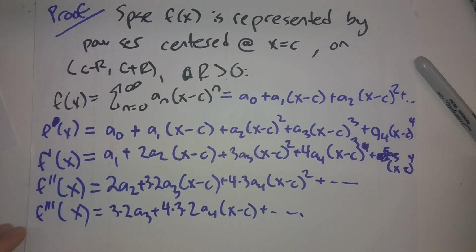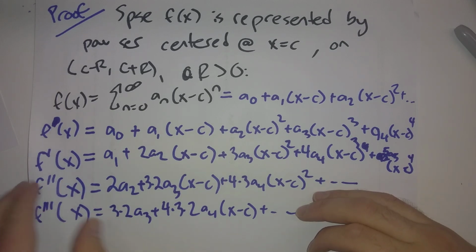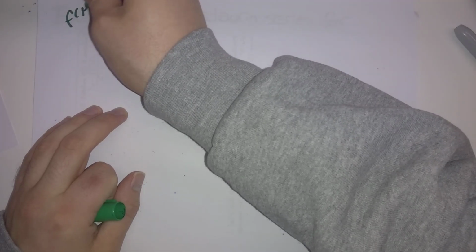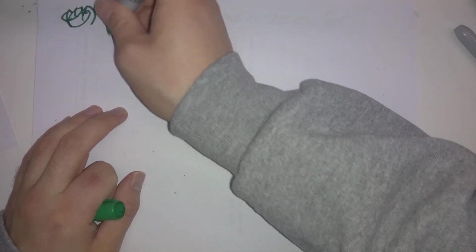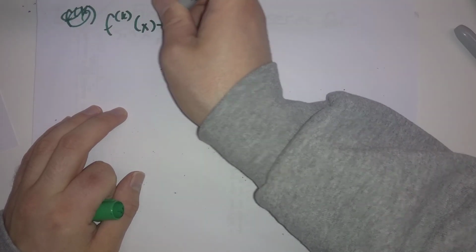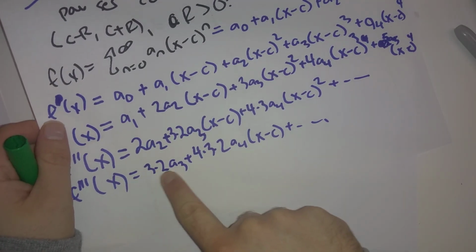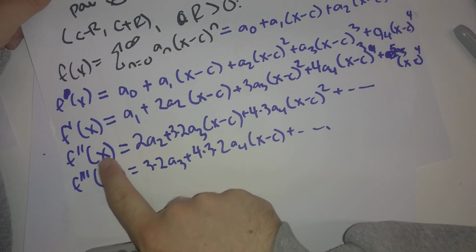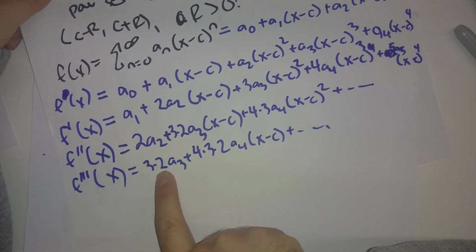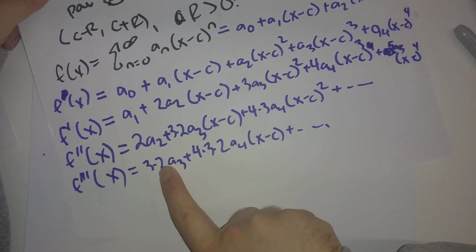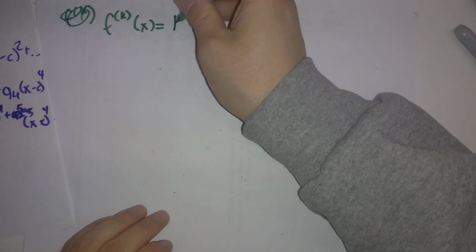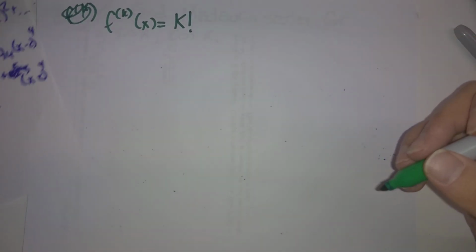So we can calculate what's going on here. What's our general formula? Looking at this, the kth derivative is going to start off with k factorial. Note that 2 is 2 factorial, and 3 times 2 is 3 factorial.